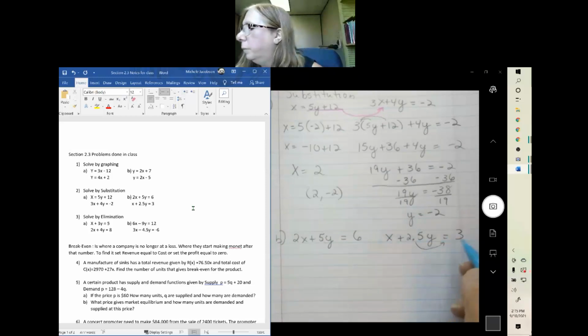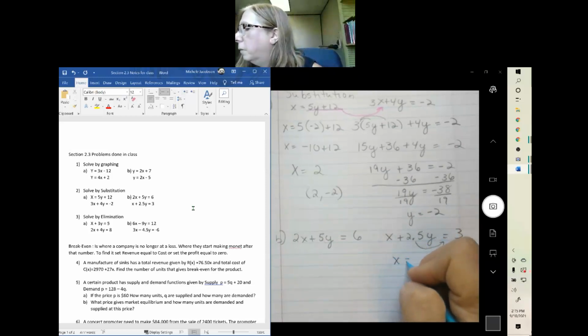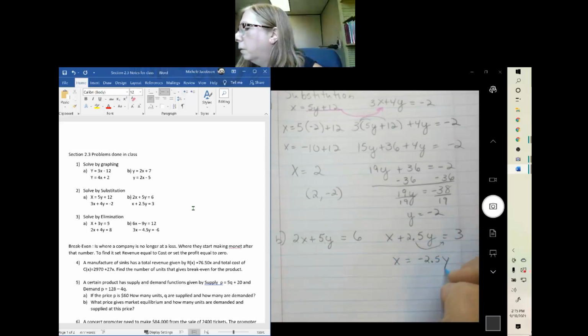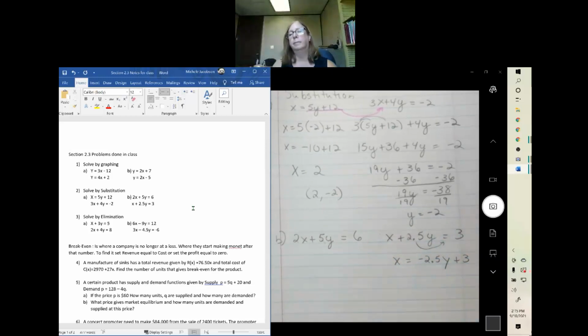So this one I would solve for x. So x equals a negative 2.5y plus 3. We can substitute this in for x.